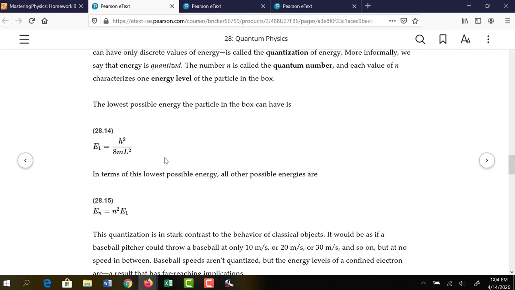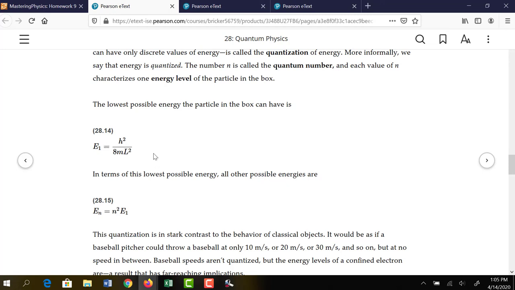I've got maybe no energy on the ground level if I'm thinking of gravitational potential energy, and then I could be on the next step or the next step. I can't be anywhere in between those. That would be the quantum mechanical world. In the regular world that we're used to, I could just take the ramp up and then I could be anywhere I want to. But in the quantum mechanical world, you can only have discrete amounts of energy. Okay, so you have everything to solve this problem then.